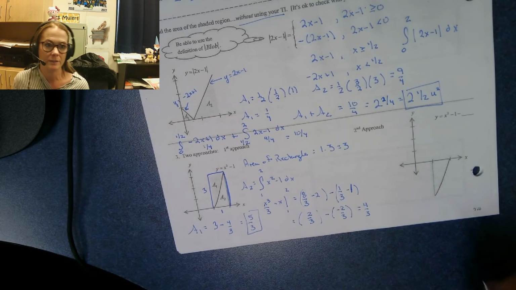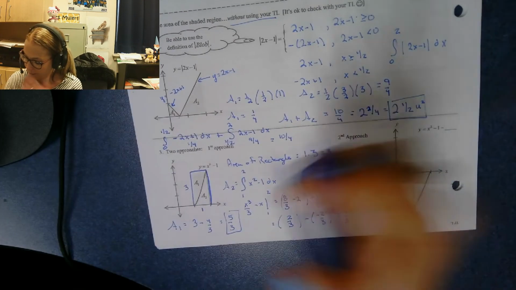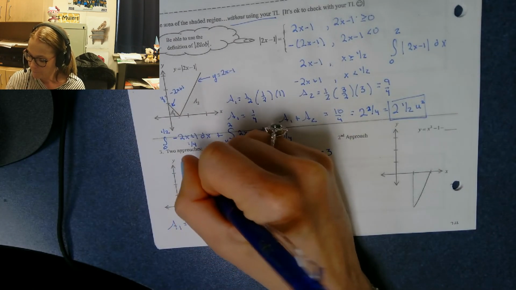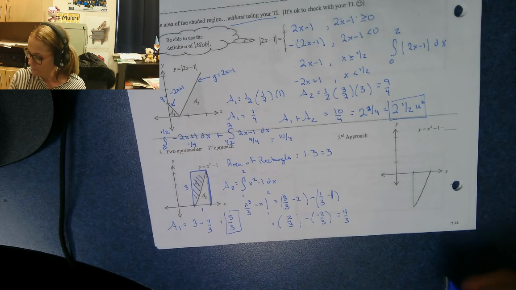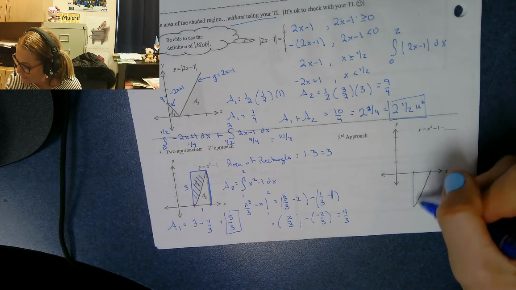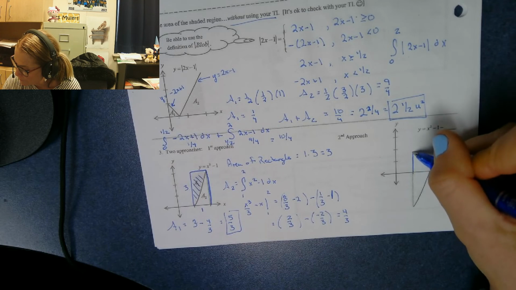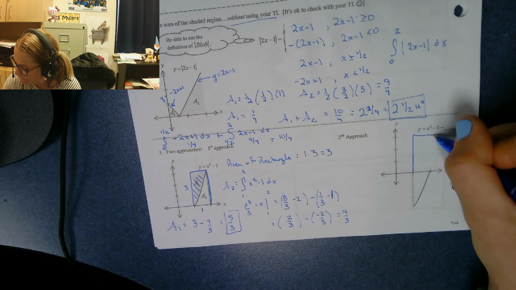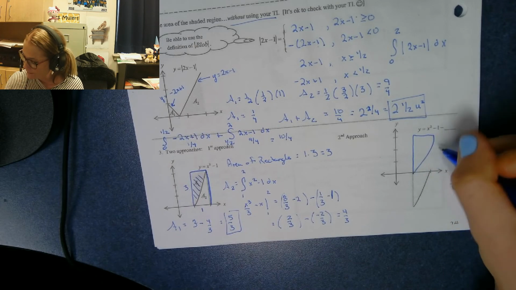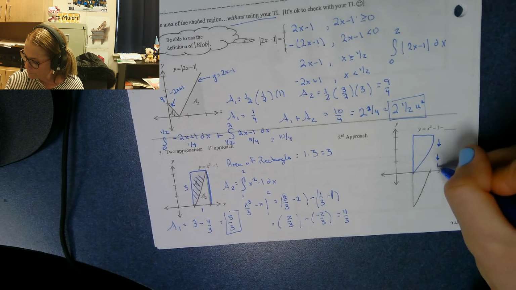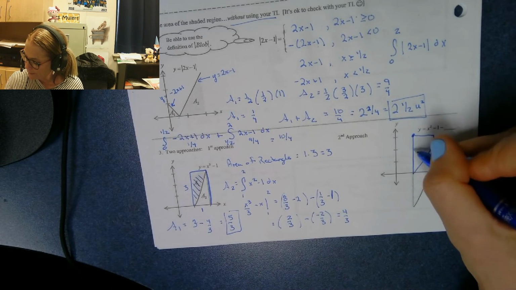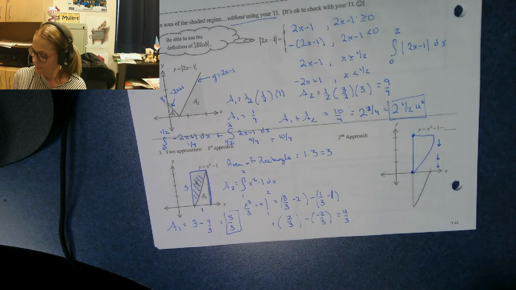Another way to do this problem would be to take the shaded area and just push it down. So if I took this shaded area and just imagined it being pushed down, okay, so push, push, push, then this leading point went down 3 units.